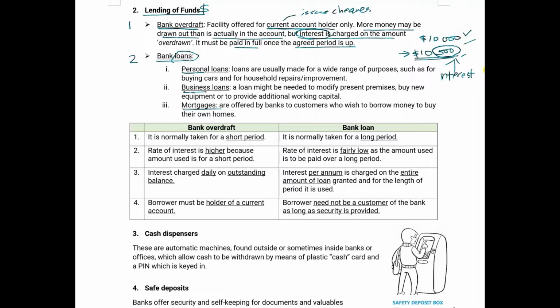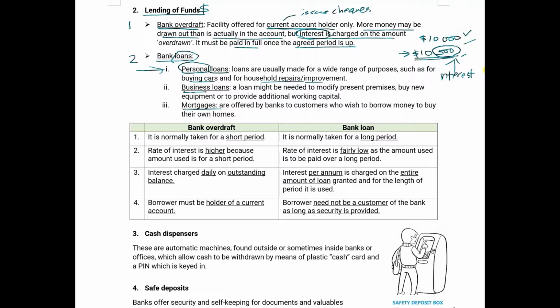Normally, as you can see from the name, a personal loan will be taken up for personal use, for example buying a car, repairing the house, renovation of the house, and so on. A business loan is normally borrowed from the bank for business use.